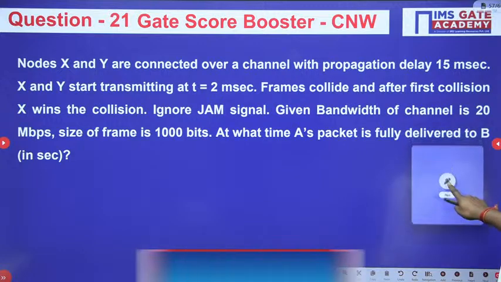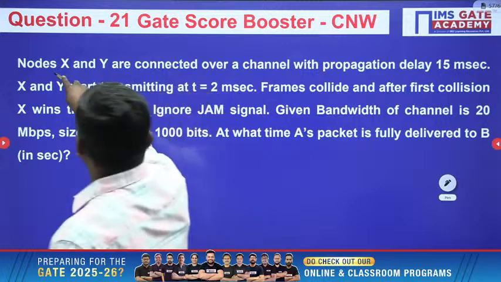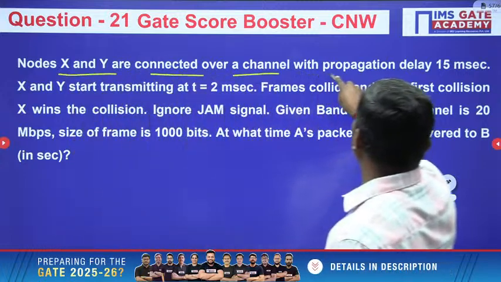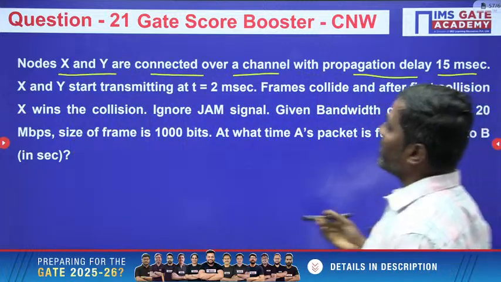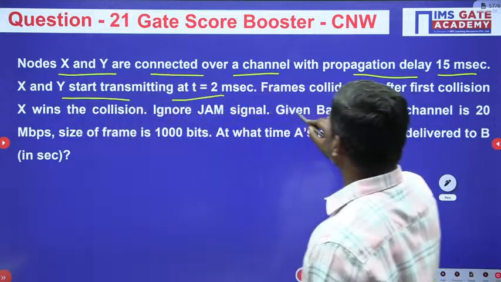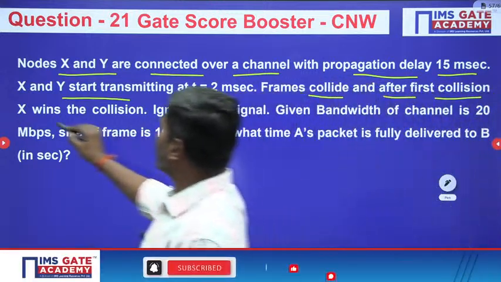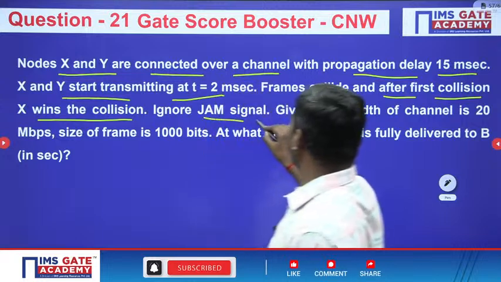Now, can you answer this question? Nodes X and Y are connected over a channel with a propagation delay of 15 milliseconds, and X and Y started transmitting at time t equal to 2 milliseconds. Frames collide. After the first collision, X wins the collision. Ignore the jam signal.